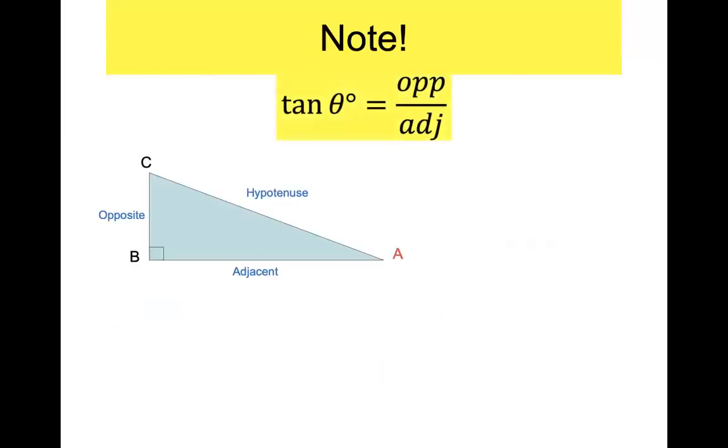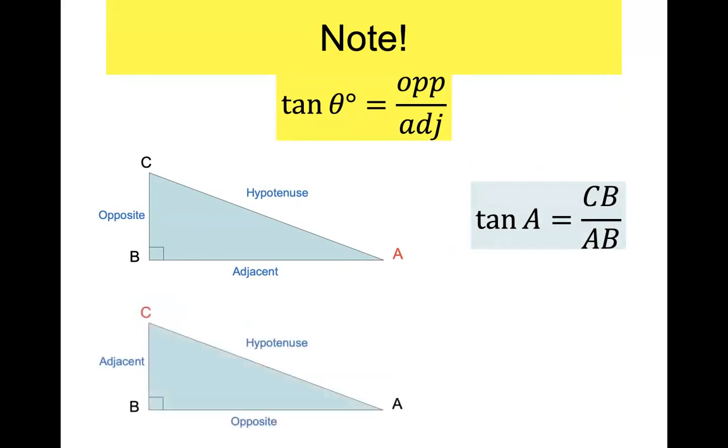All right, quick note. The tangent of alpha or theta here would be the opposite over the adjacent. And if we think of that as the side lengths of that triangle, the opposite side would be CB and the adjacent side would be AB. That would be for angle A. But remember, I could pick angle A or angle C. So if I pick angle C, the hypotenuse stays the same, but I have to switch the opposite and the adjacent.